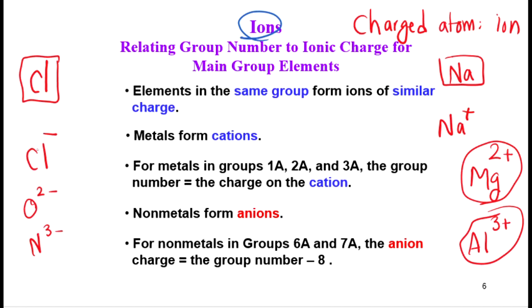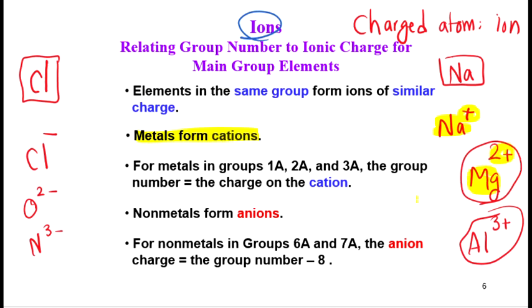Why do we have negative? Because we are going to answer this question. Negative ions, we call them anions. Right now, I'm going to work on this definition. Metals make cations. So if I have a metal, I have a positive charge, I have cations.